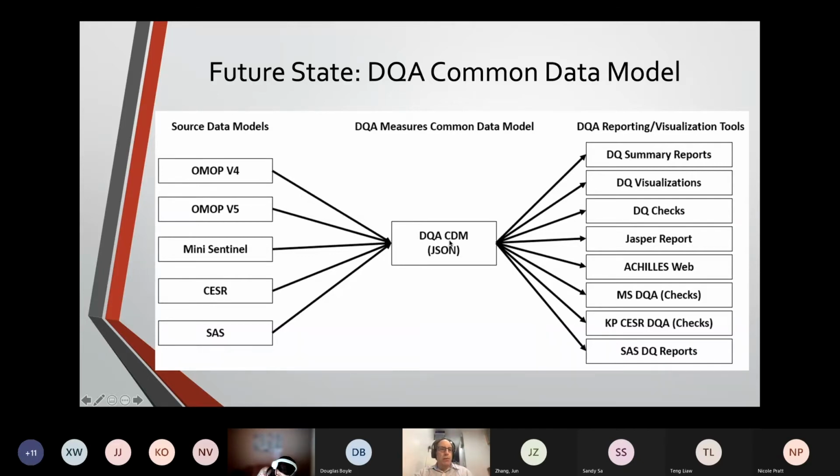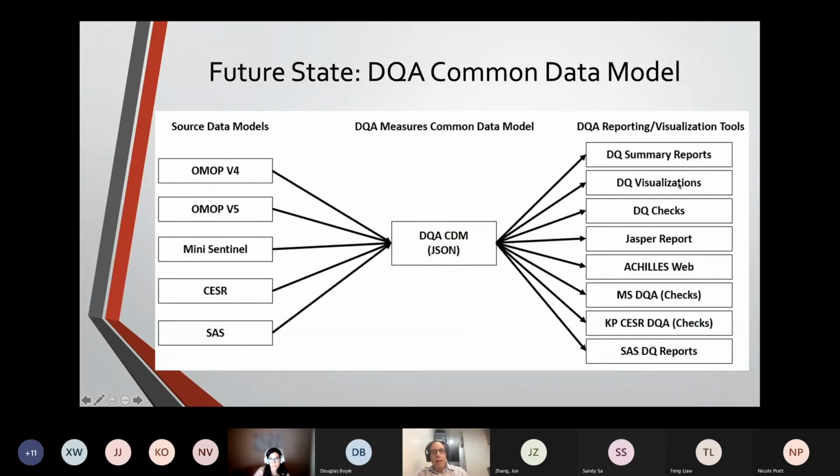It's just the data quality measures. And then we rewrite our visualizations against this common model. So it doesn't matter whether Caesar or Mini Sentinel or OMOP created this JSON, and it doesn't matter to the visualizations where it came from.